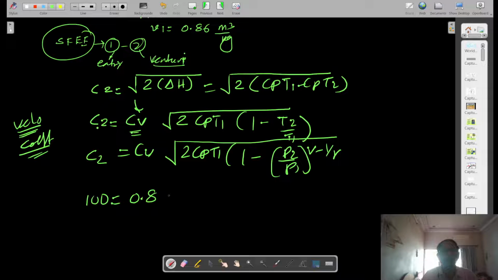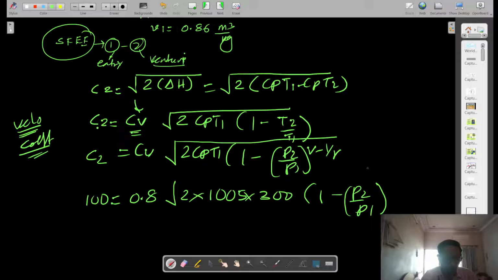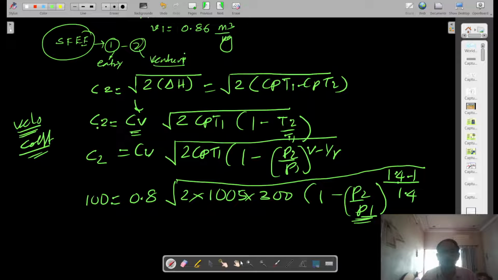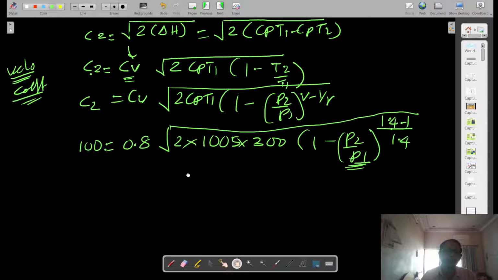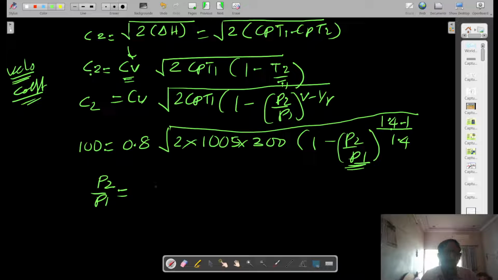CV value is 0.8, 2 into the value of CP, which is generally 1005, temperature T1 300 Kelvin, so 1 minus P2 by P1 to the power gamma minus 1 by gamma, which is 1.4 minus 1 by 1.4, and that too in square root. So only in this equation the unknown is P2 by P1. If I calculate the P2 by P1 value, I get 0.912.